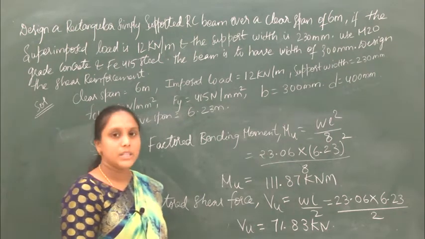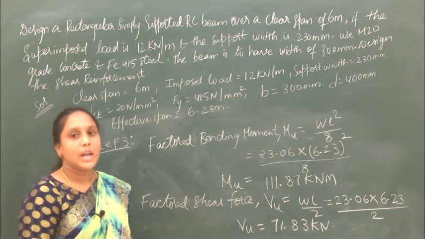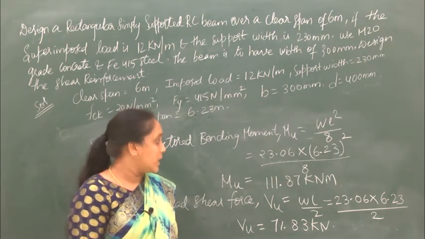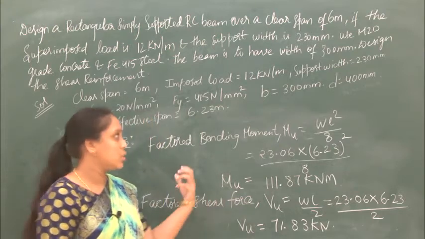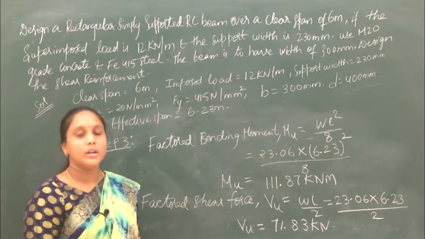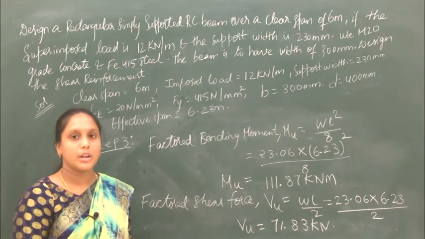So the next step, that is step 4, is to know whether the depth D what we have assumed here is adequate or not, and whether the section is a singly reinforced section or a doubly reinforced section.